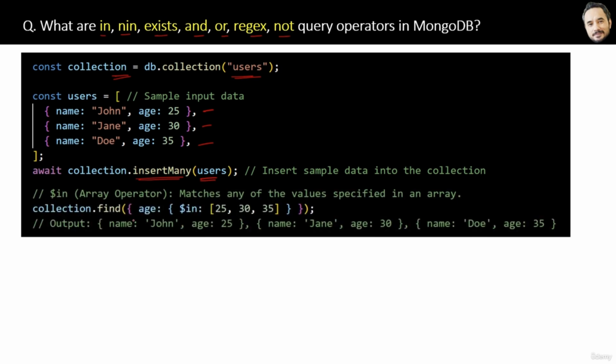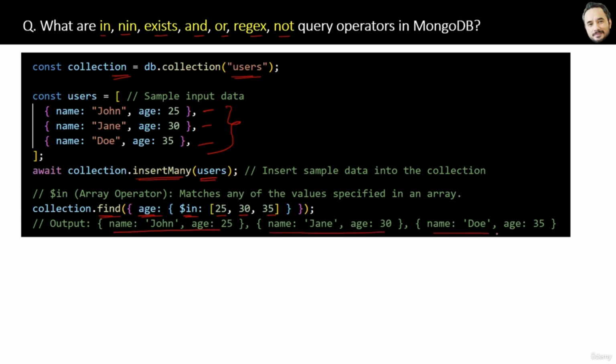Here we are getting the users using the find method where age is in any of 25, 30 or 35. So as you know, above, all three users have ages 25, 30, 35, so in the output we will get all the matching three users.